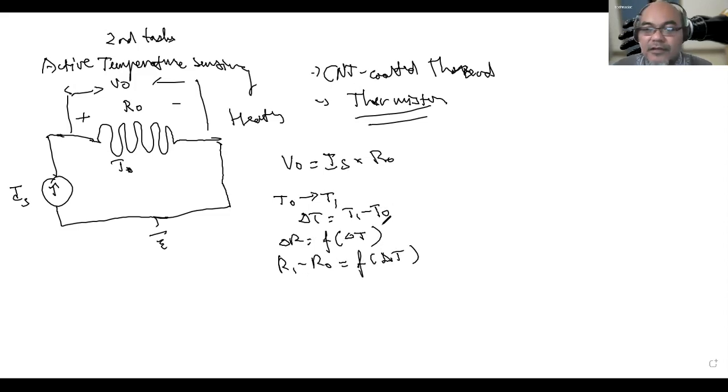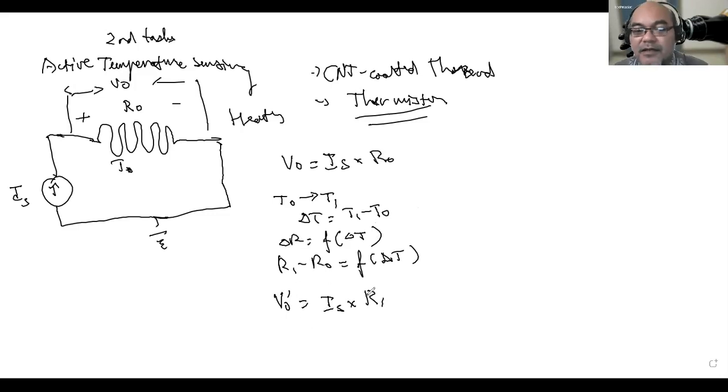Some thermistors have a linear relationship. Some others are not linear. So when the resistance changes, the V output will not be IS times R0 anymore, but it will be IS times R1, right?